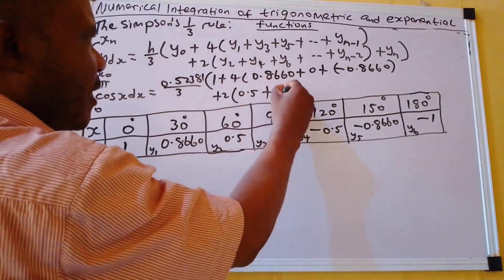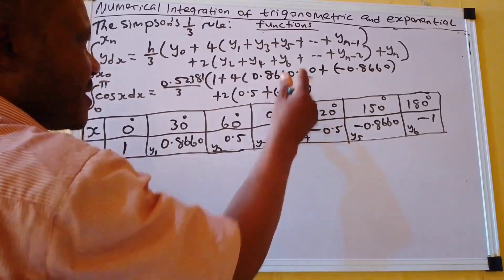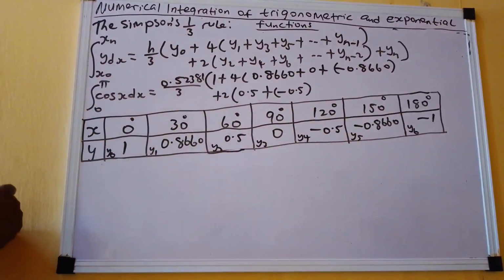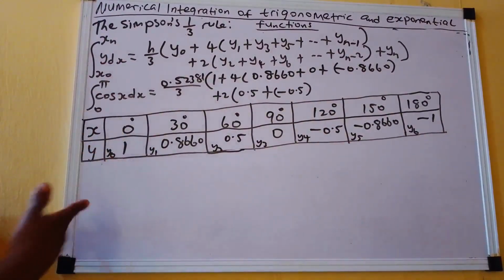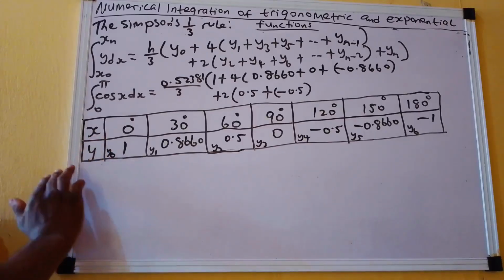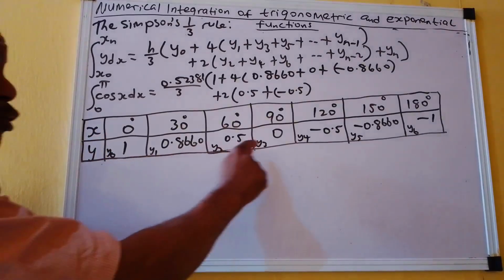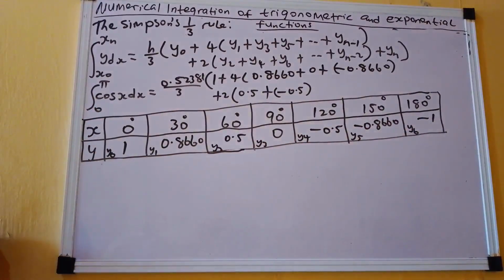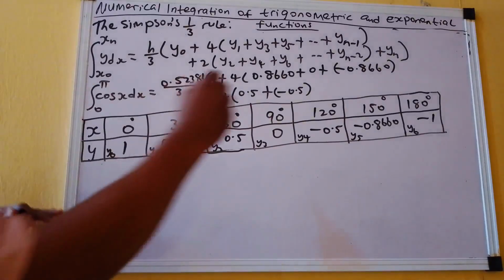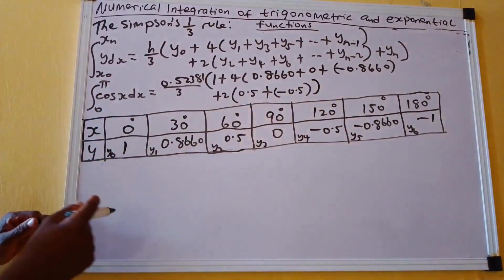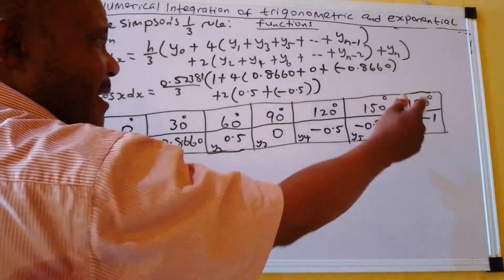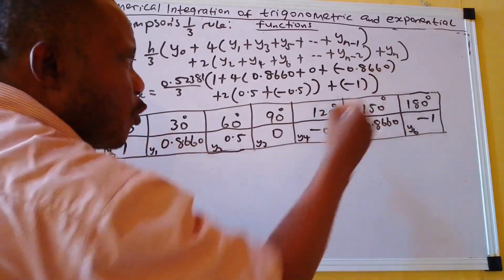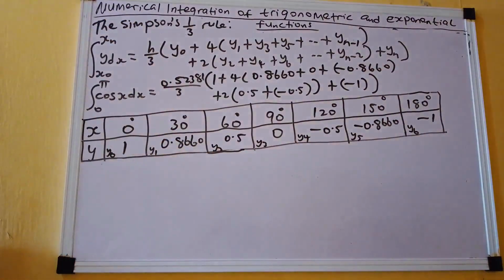Our y4 is minus 0.5. You can see why I labeled the table, so that it will be easier for you to locate the various values: y0, y1, y2, y3, y4, y5, y6. Now you cover this bracket, then of course plus our yn, which is minus 1, then you cover the bigger bracket.